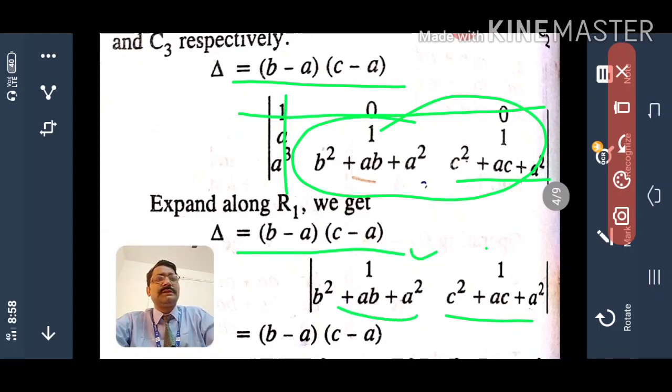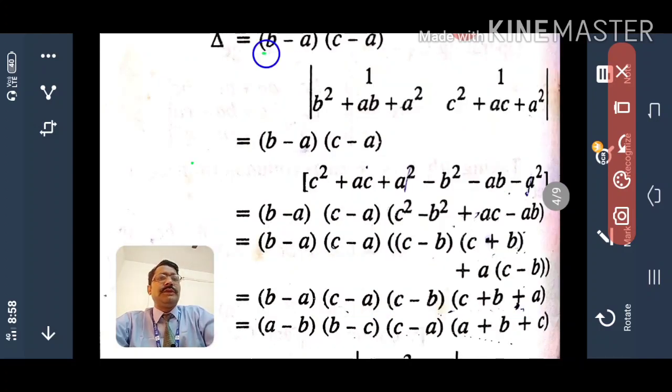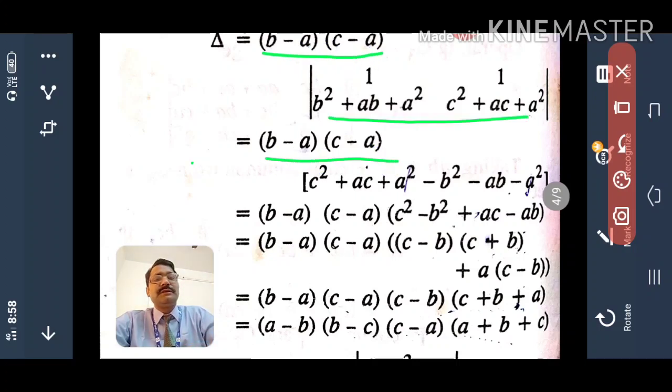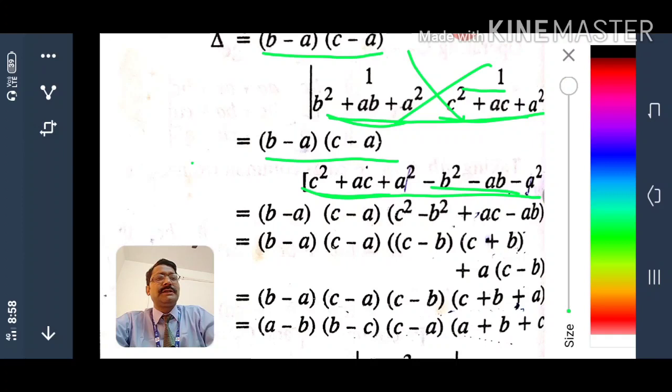Now b minus a and c minus a are outside, and the 2 by 2 determinant you can open by the cross product. So you will do the cross product and open this. Keep in mind the 1 into c square plus ac plus a square will be here, and then the second will be negative, so you change the sign, and whatever cancels you will cancel here.